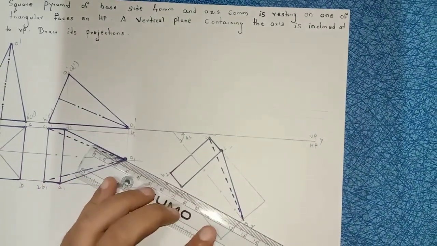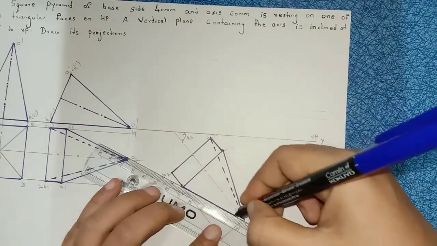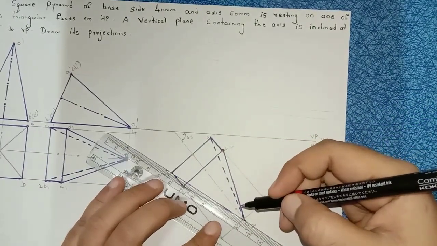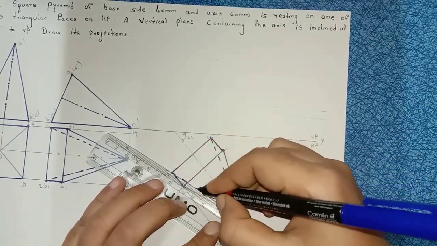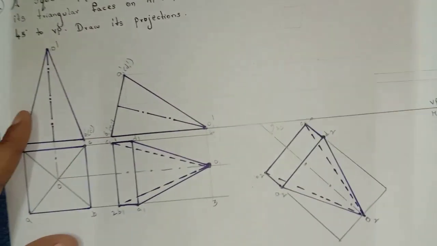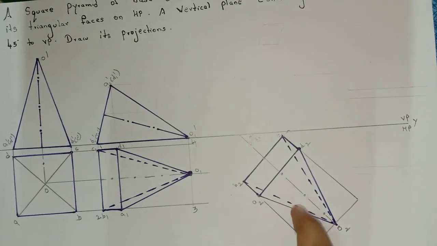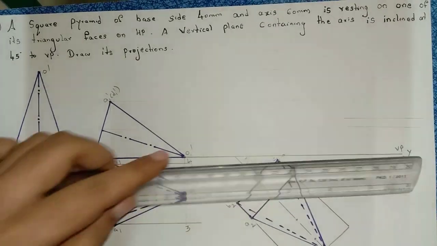Now O2, A2, and O2, B2. Right? Now after that, 1, 2, 3, 4, 5, 6. I have to construct the sixth step here.